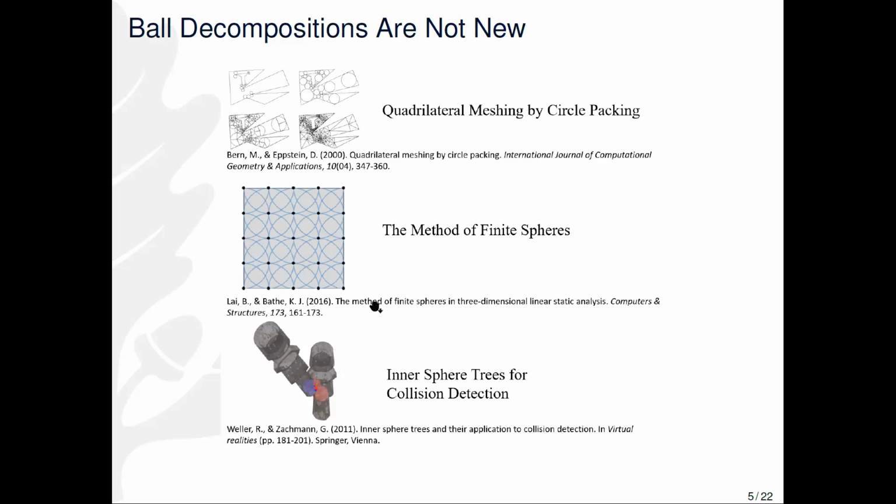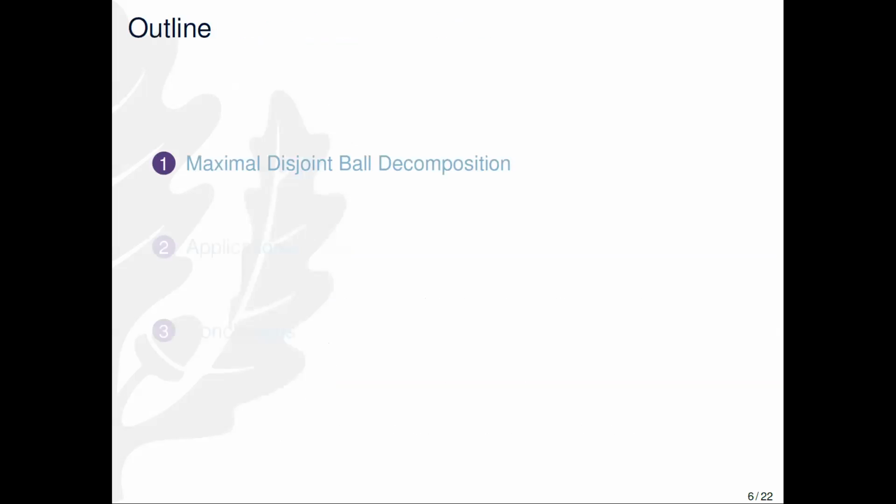Because of the versatile forms and multiple uses of ball decompositions, we think ball decomposition could be a good candidate as a shape descriptor for the framework we talked about before. However, current ball decompositions are not unique.